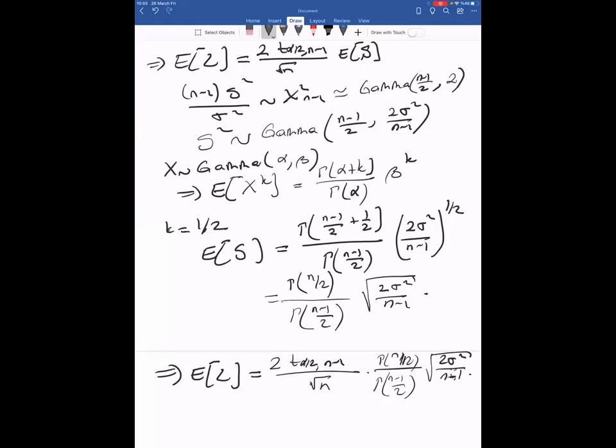Then how can we decide on these alpha values? Let me give one example regarding that. Consider again a normally distributed random variable, but in this case we focus on sigma squared.